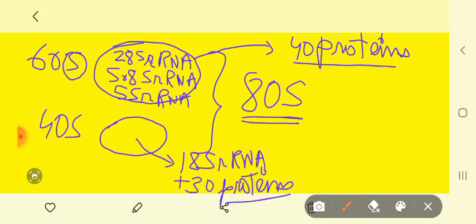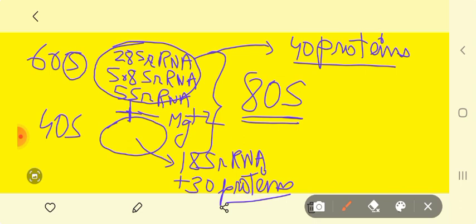Now, normally these two ribosomal subunits, the large and the small, remain united with each other due to a high concentration of magnesium ions. So here magnesium ions help to unite the large and the small ribosomal subunit.